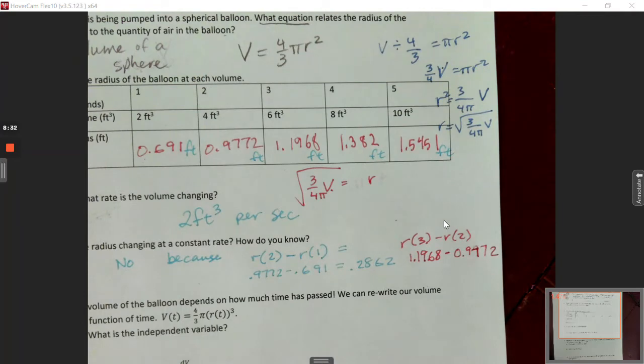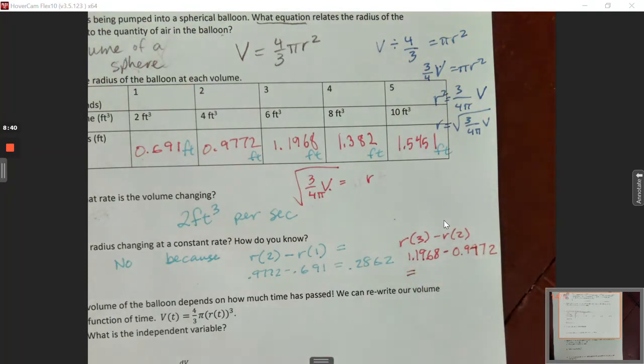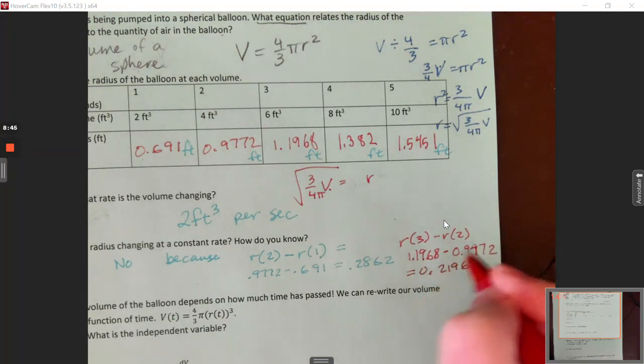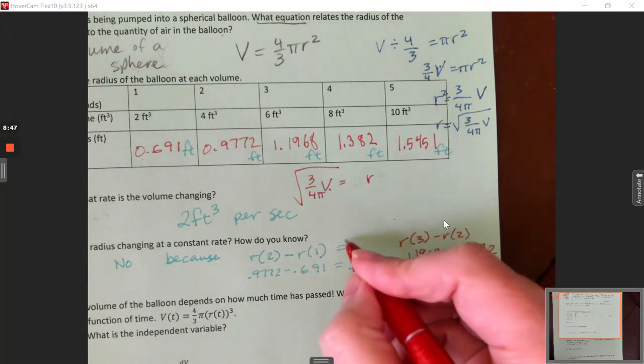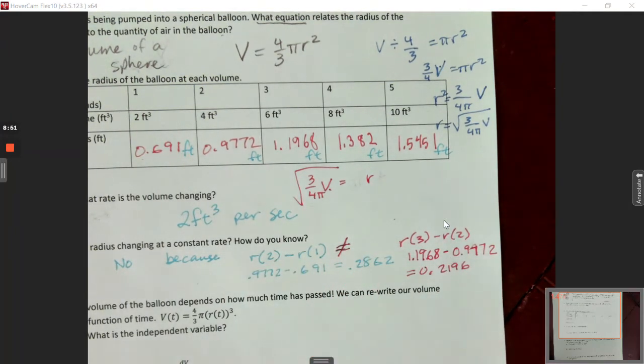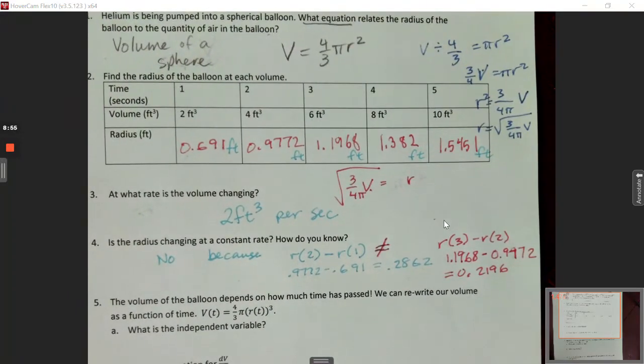Maybe I wrote it down wrong and my brain's trying to correct it for me. Nope, I wrote it down right. Okay. And so that was equal to 0.2196, and they are not equal to each other. So they're not equal, therefore the rate of change is not constant because they would have to be equal. So in other words, the rate of change is changing.